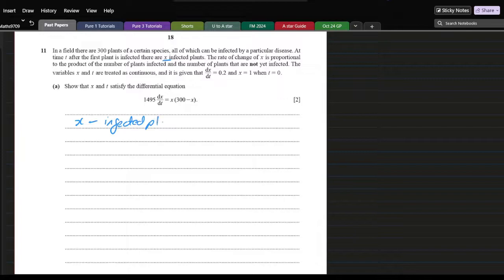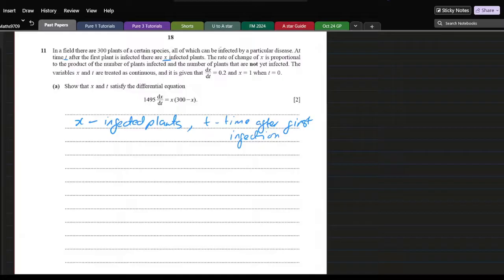And then we also have t, which is the time after the first plant is infected, the time after first infection, right?